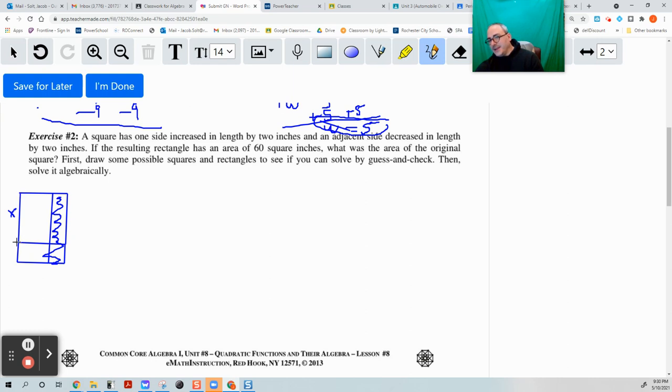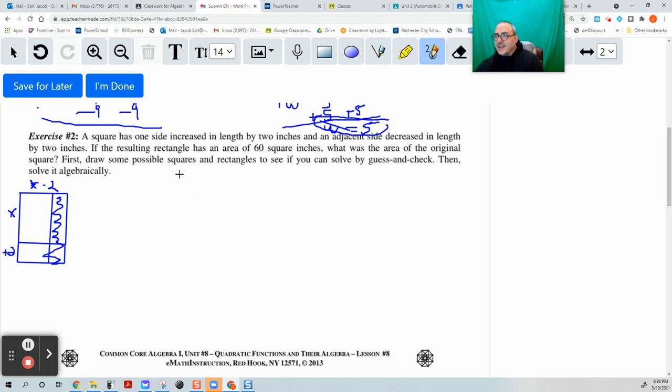Well, if I increase this by 2, I could call the total length of this whole side x plus 2. And this side here could be x minus 2, because I subtracted 2 units on this side. I don't know what x is yet.